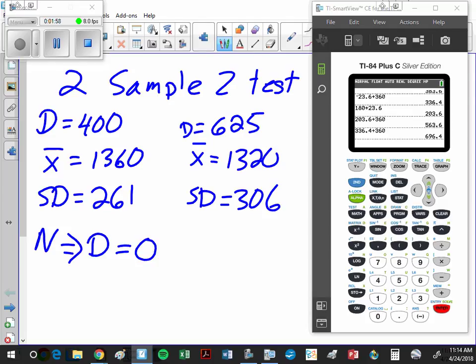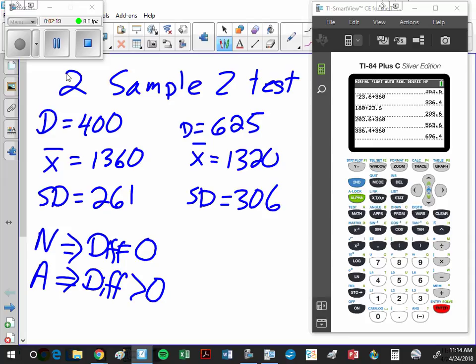There's no difference. My alternative is that the difference is greater than 0, meaning the first year they ate more than the second year. Or is it up to chance variation?